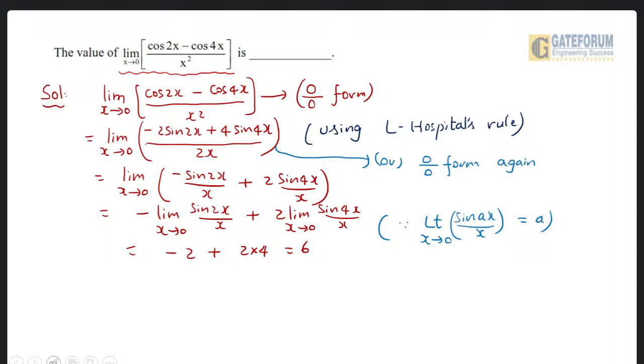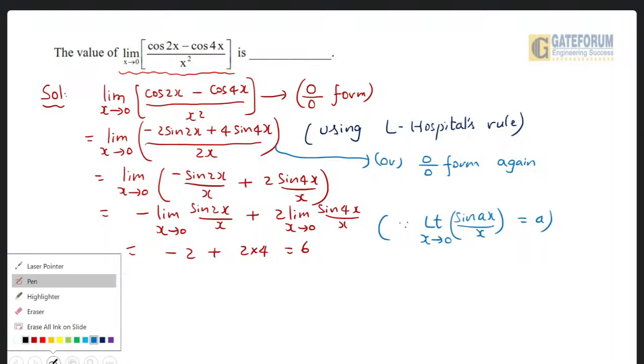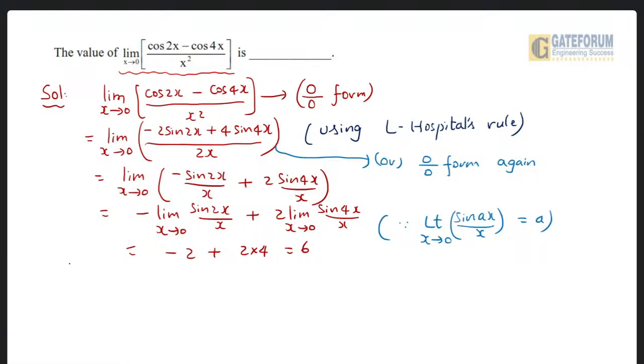Alternative method. Limit x tends to 0 of cos 2x minus cos 4x divided by x square. Just adding 1 and subtracting 1.